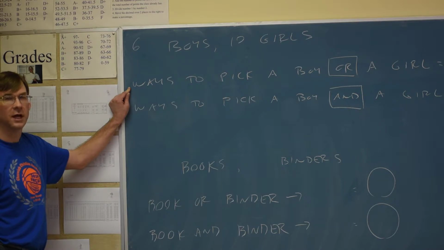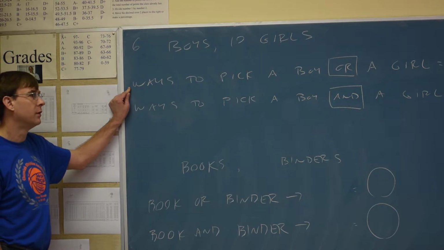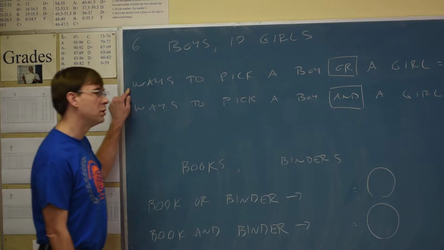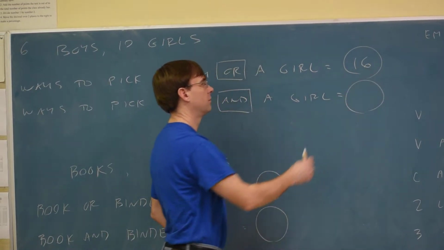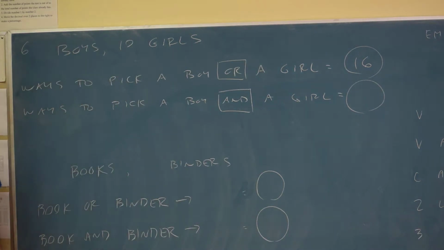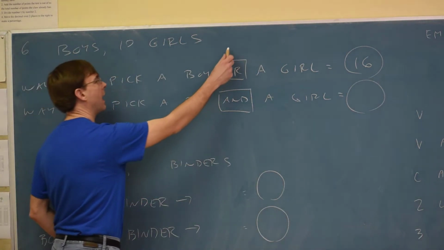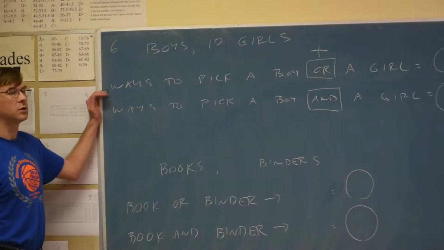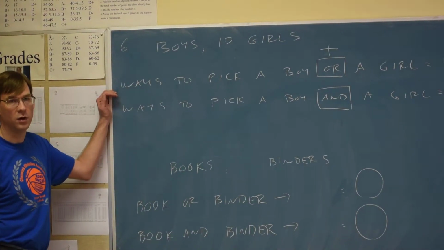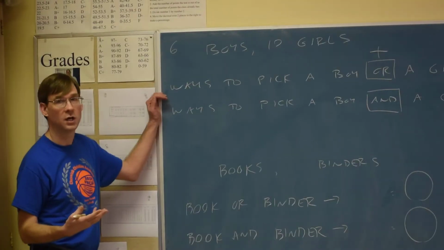I'll give you a few seconds to think that over. And the correct answer would be 16 options. Because if we put the boys and the girls and we add them together for the word "or," in a chemistry group, if I were going to pick one of you, I would have 16 options to choose from.